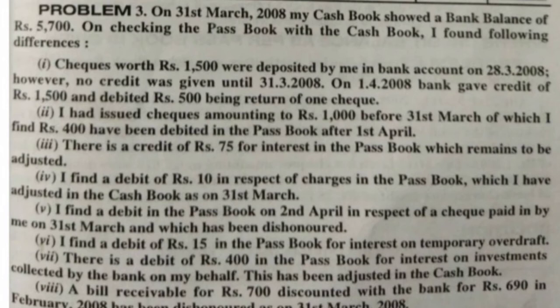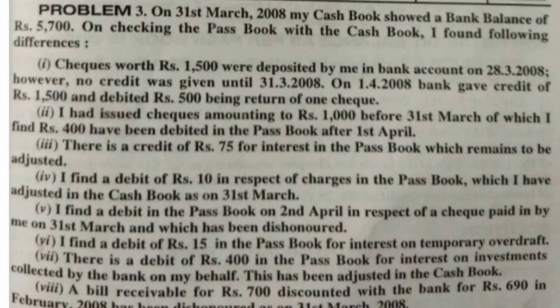So on dishonor of the bill receivable, the bank would have deducted the amount of rupees 700. The bank would have collected or deducted the amount of rupees 700 from the customer account with whom the bank has taken the bills receivable in February 2008. If the bank comes to know that the bill got dishonored, what will the bank do? The bank has not collected the bill from the third party.